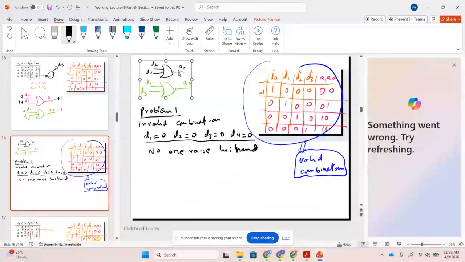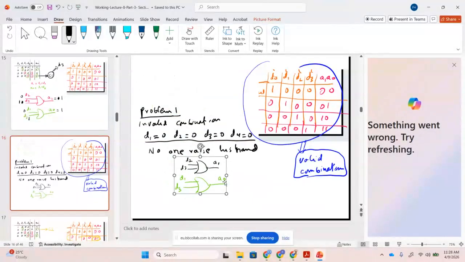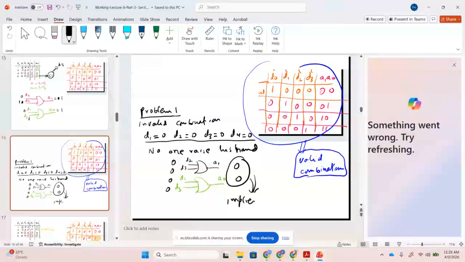With this invalid combination the output will be 0 0, and 0 0 implies that D0 raised a hand, which is correct or incorrect? Help me. Got it or not got it?